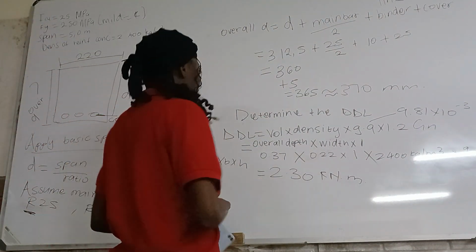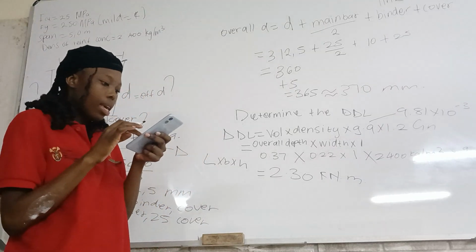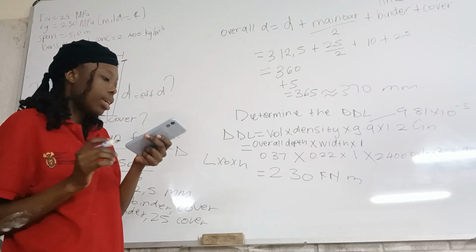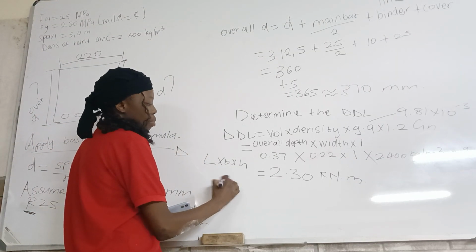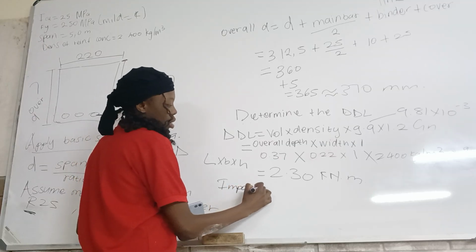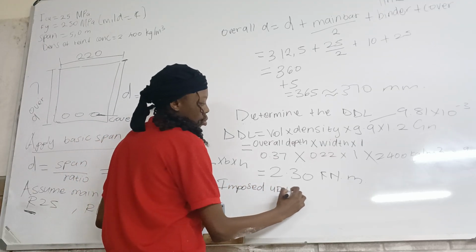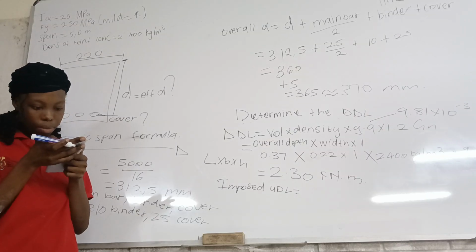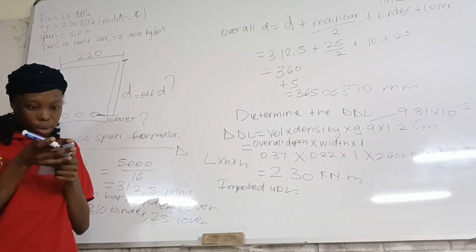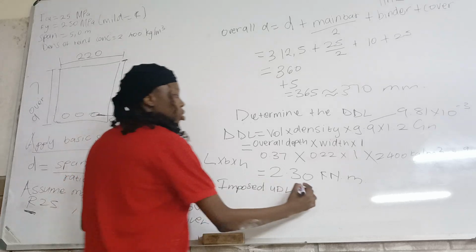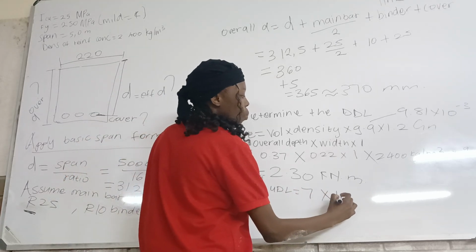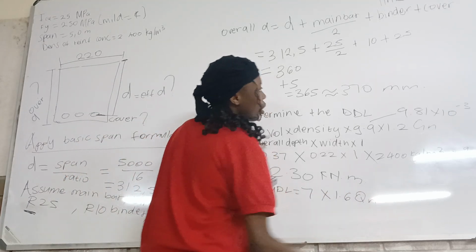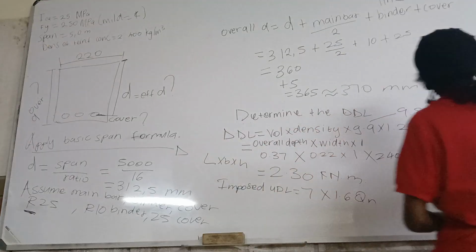Okay, after getting the DDL, we need to calculate the design imposed UDL again. We were given 7, so it's 7 multiplied by 1.6 QN.